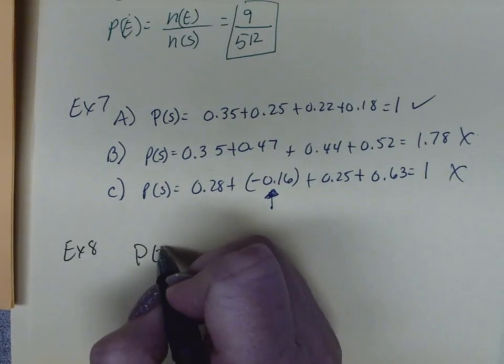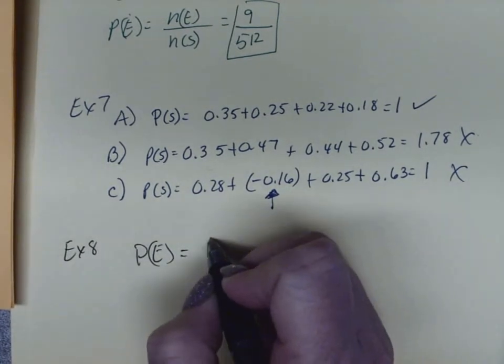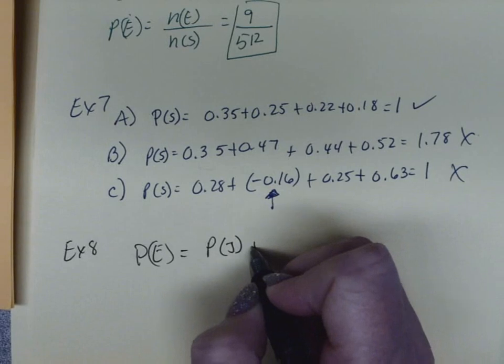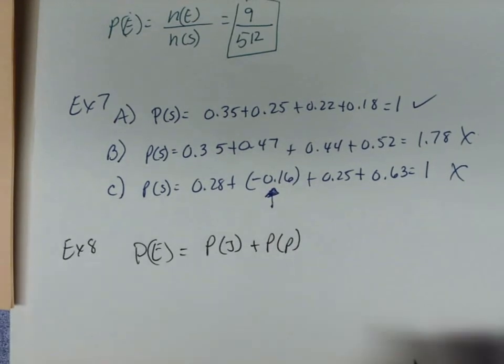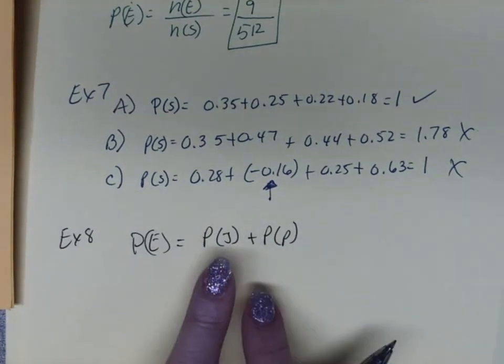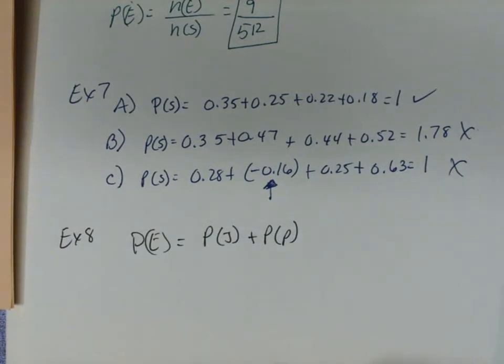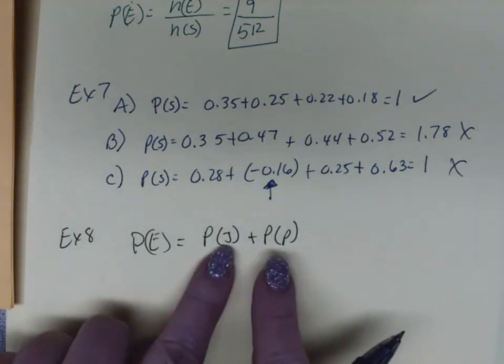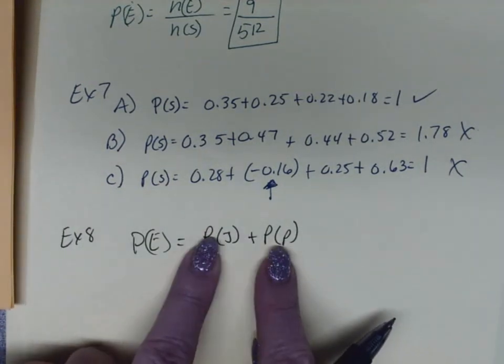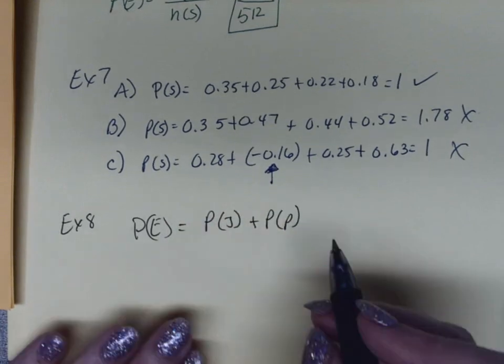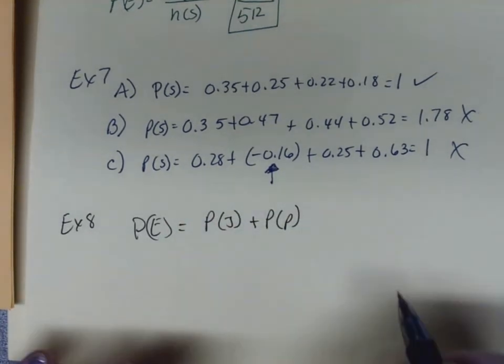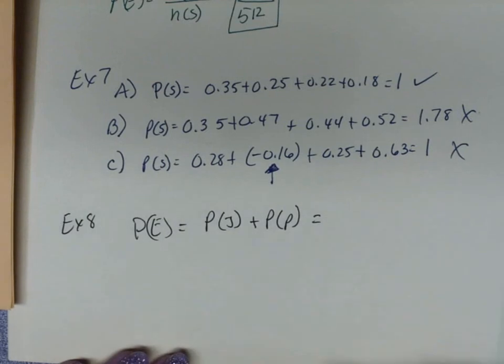Our P of E will be equal to the P of J plus P of P, because it can be either one. It's not this one and this one. It's drawing either one. They can choose either brand J or brand P out of all of the possibilities that we have.